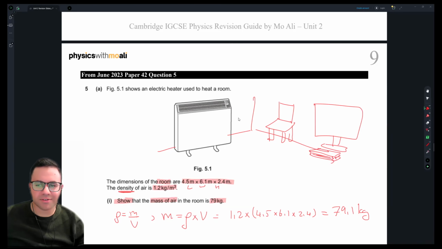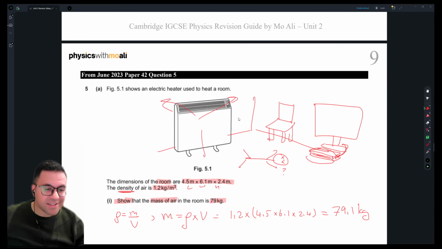They're really pricey these days. You could be sleeping in the room. Maybe. But the important thing is the heater isn't just heating the air. It's heating other things, like the chair, like the TV, like this cadaver on the ground.